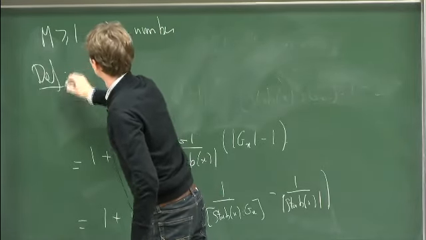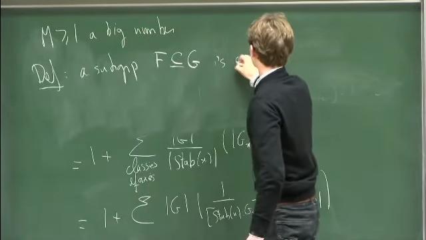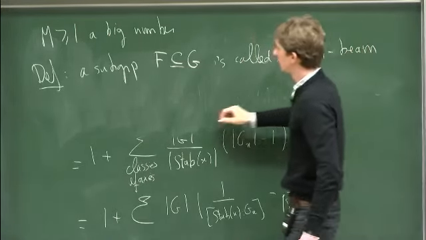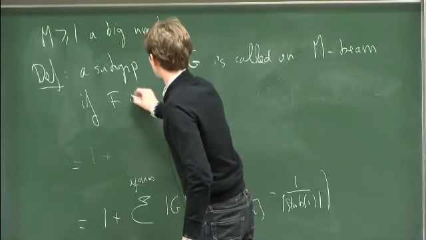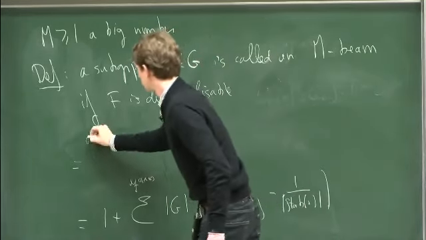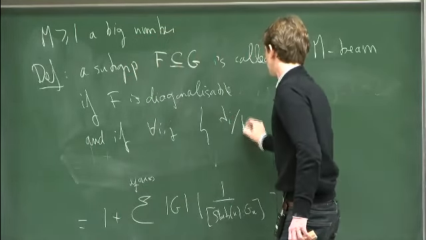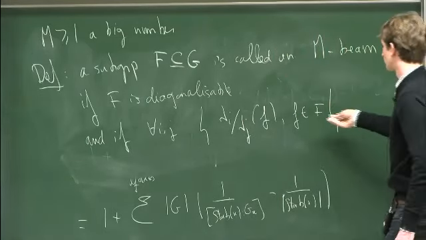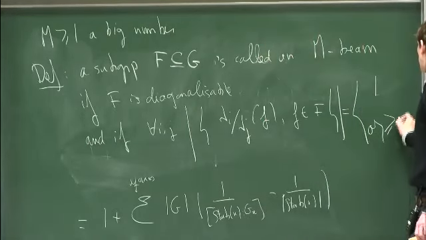Then a subgroup F in G is called an m-beam if F is diagonalizable and if, for every i and j, the set of values that lambda i over lambda j can achieve has size either 1 or larger than m.